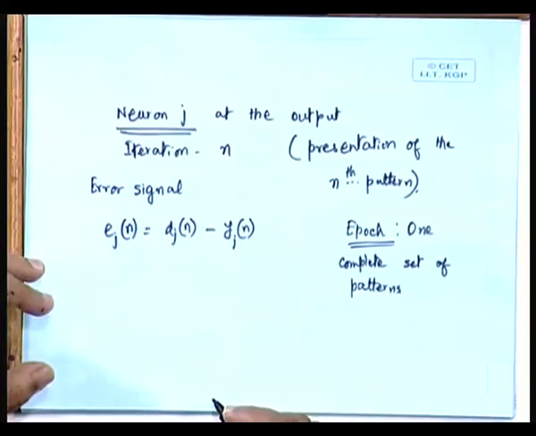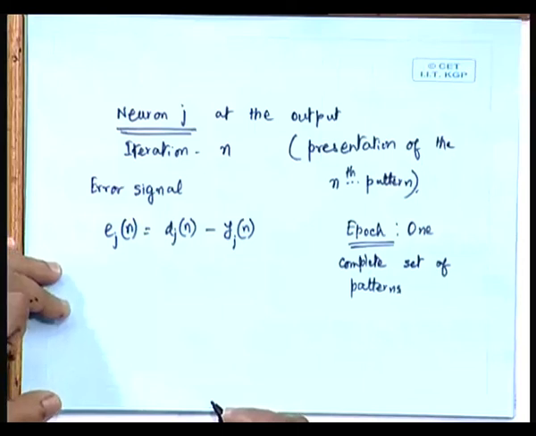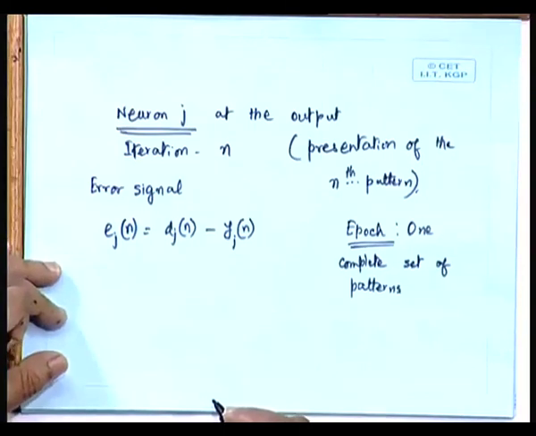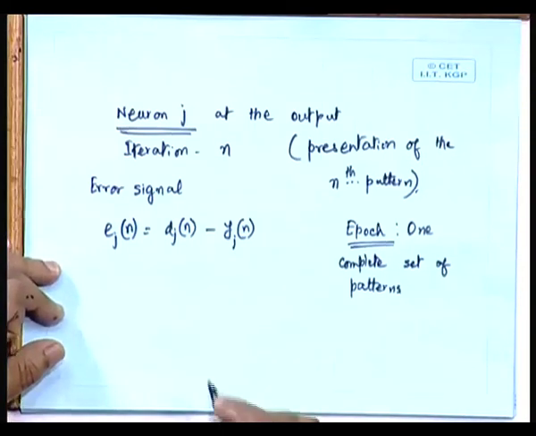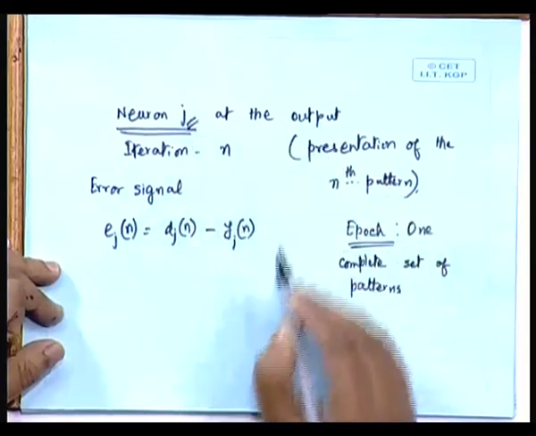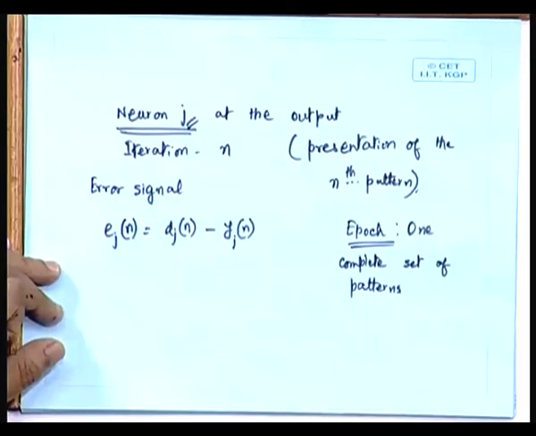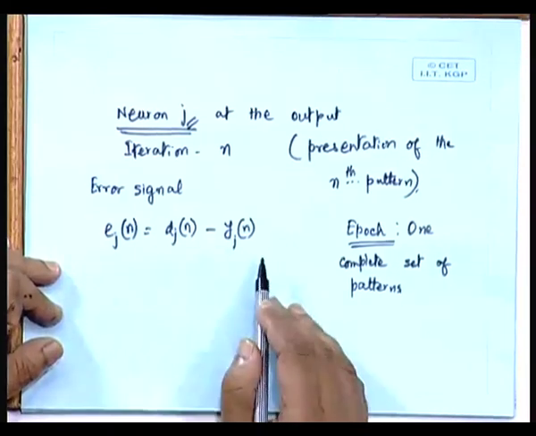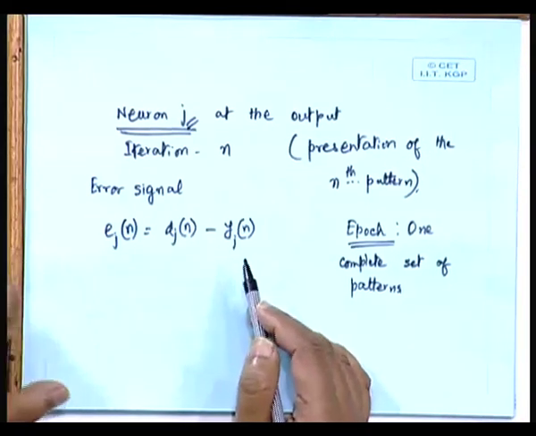Here, because I am having more than one neuron at the output layer, I am numbering or indexing the neurons as such. That is why we are saying Yj, Dj. Everything is pertaining to the jth neuron, and the error signal is as follows.